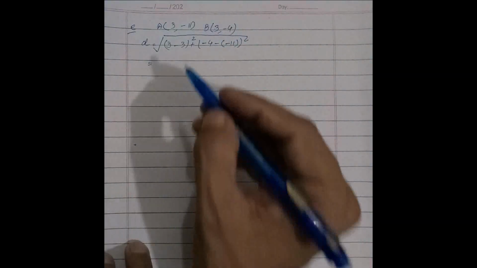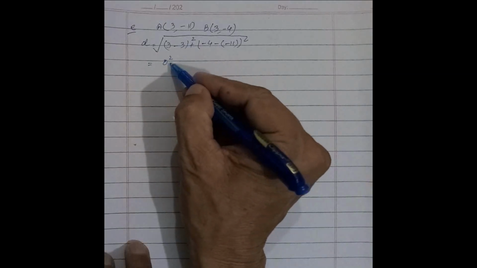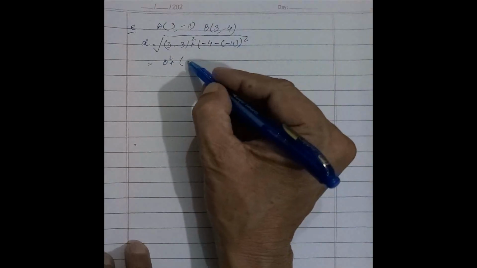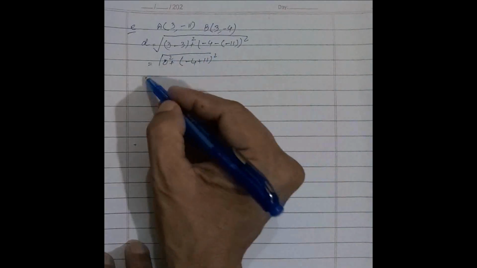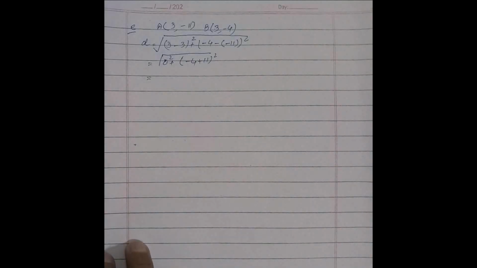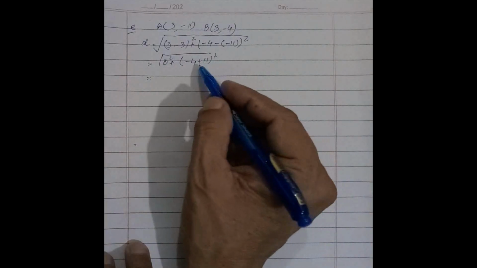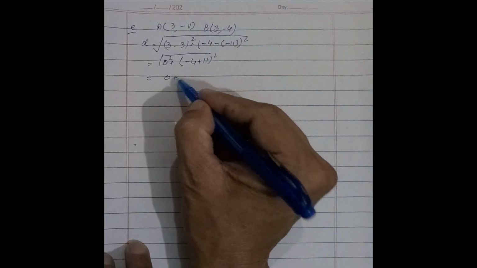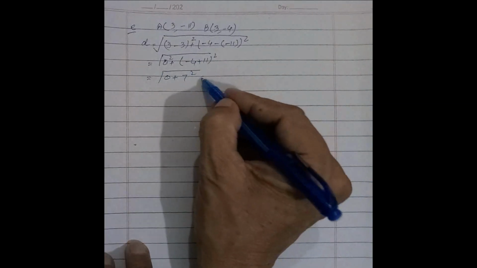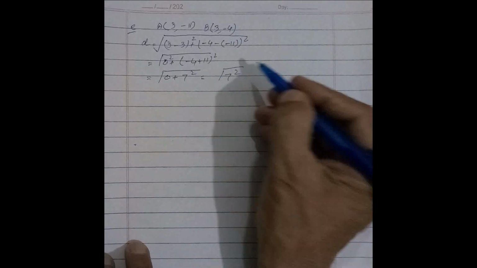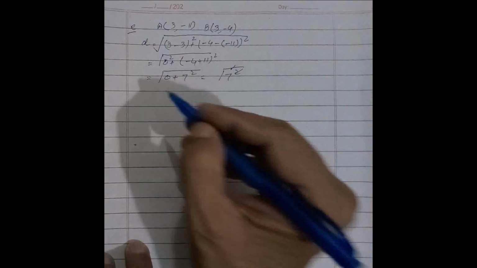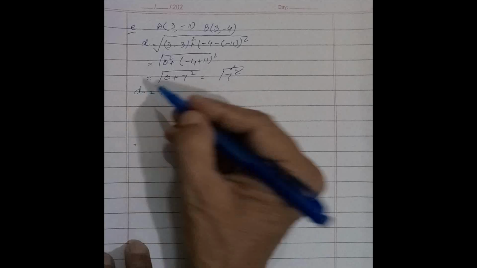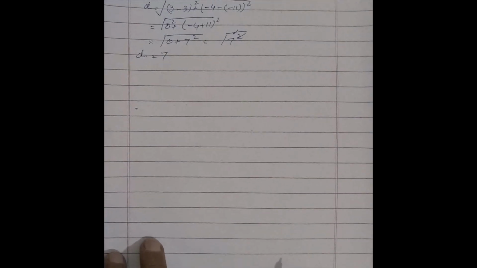Now simplify these values. 3 minus 3 is equal to 0 square plus, and the other value is -4 plus 11 whole square. 0 square is 0, and when we add the values, we get 0 plus 7 whole square, which is equal to 7 whole square root. And we know that square and square root cancel each other. The answer is 7. So the distance between A and B points is 7.